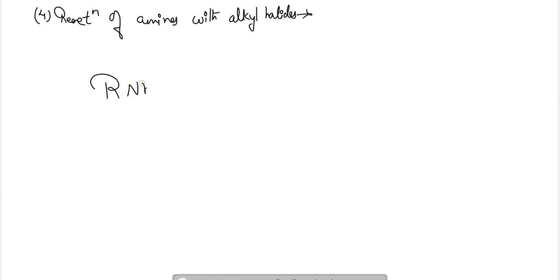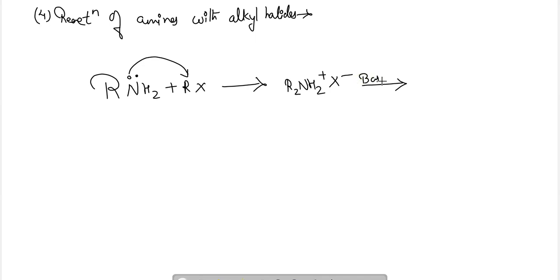When amines are reacted with alkyl halides, the nitrogen acts as a neutral nucleophile and attacks the carbocation of the alkyl halide to form a salt. Then with the use of a base, the removal of halide takes place and the formation of a secondary amine takes place here.